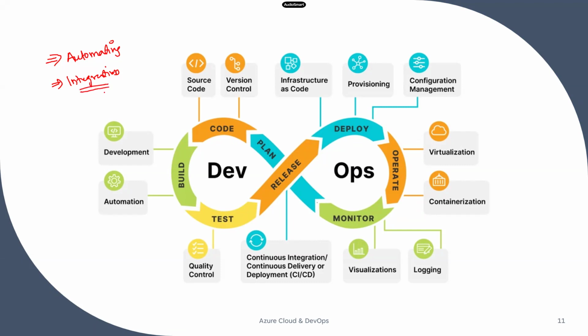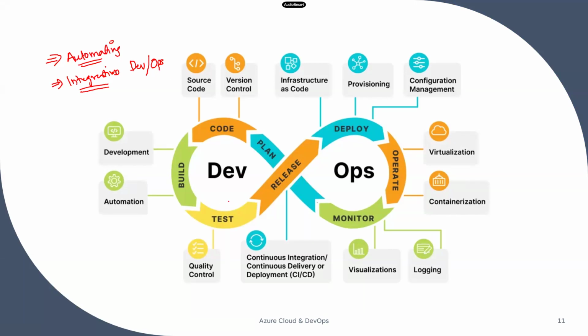Where is this integration happening? It is between the dev team and the ops team, right? So it is about automating practices and also integration between the dev team and ops team.